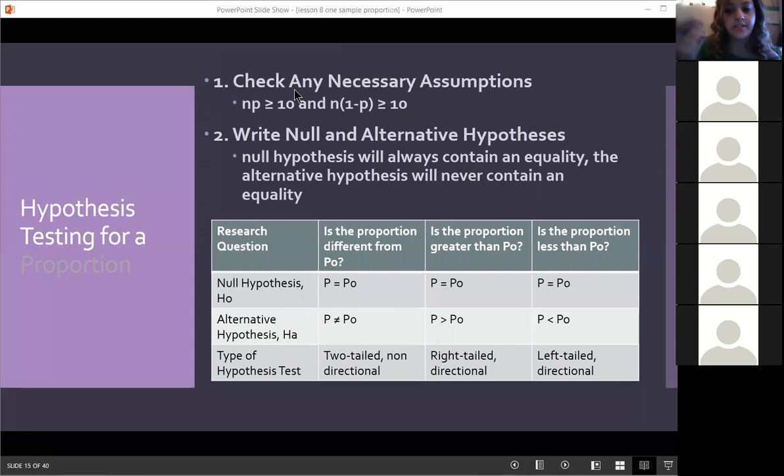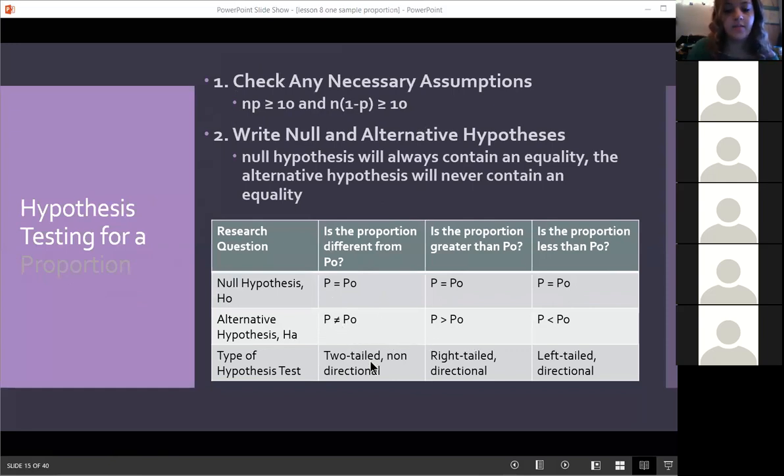The only thing that changes is what we're looking at: a proportion, a difference, a mean, etc. So number one, you're going to check those assumptions that are specific for one proportion. Remember, successes and failures have to be at least 10. And then you're going to write that null and alternative hypothesis. As you remember from hypothesis testing, our null hypothesis is always going to have an equal sign. Alternative will never have an equal sign, always some sort of inequality.